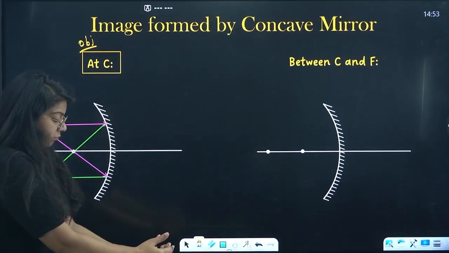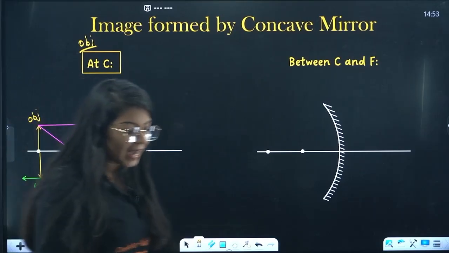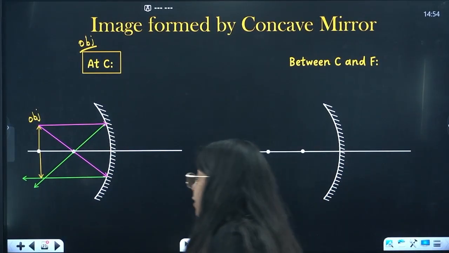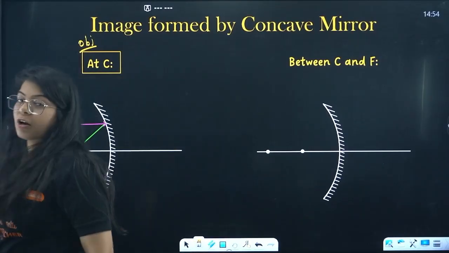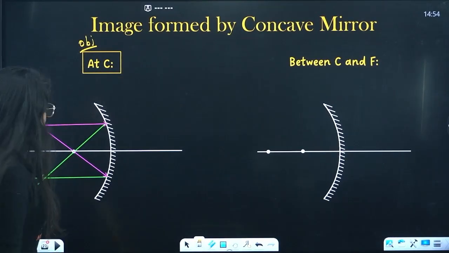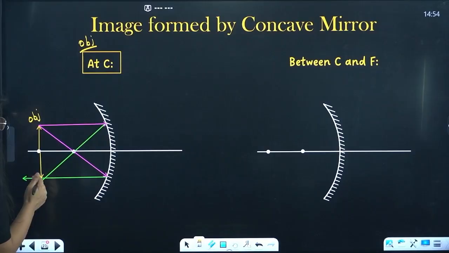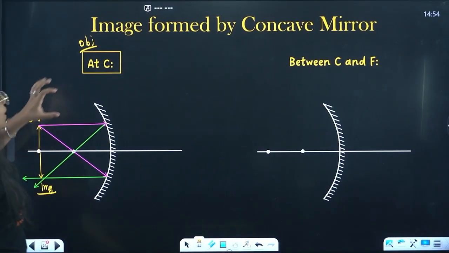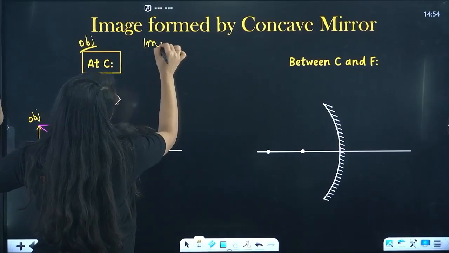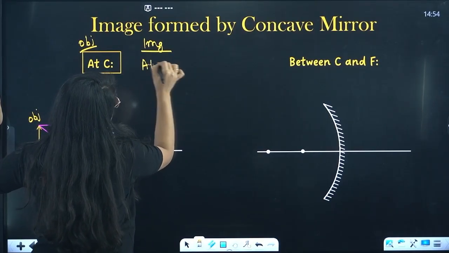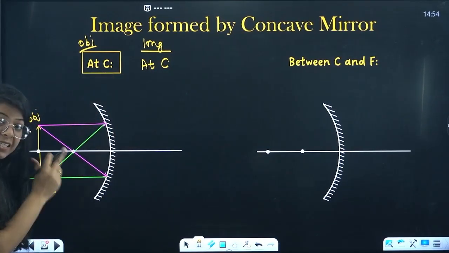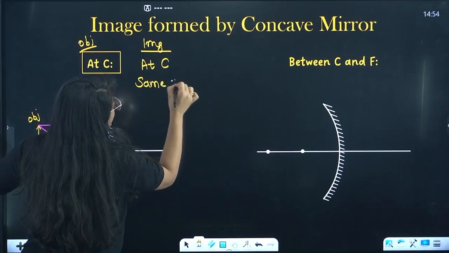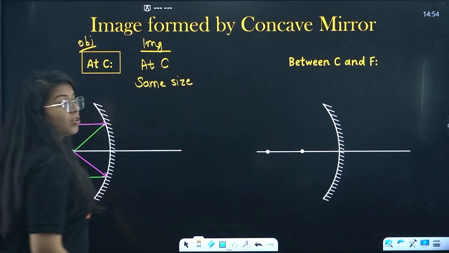But we know that the object when placed at the center of curvature will have its image also at the center of curvature. So this is your object, this is your image. In this case, the image will be of the same size as that of the object.